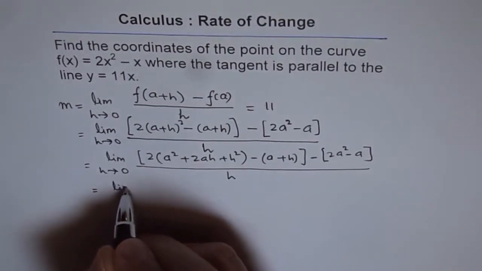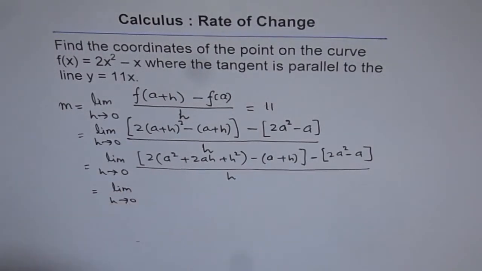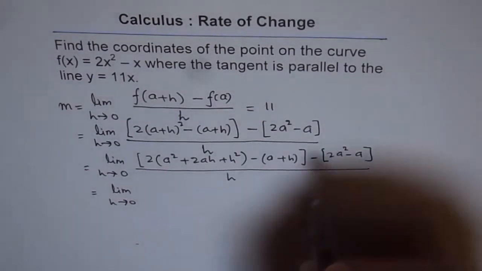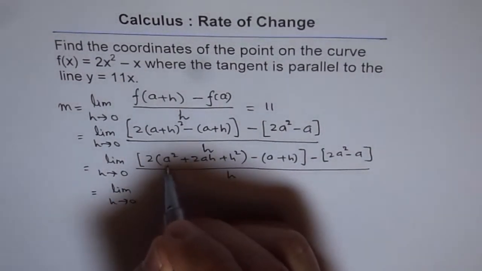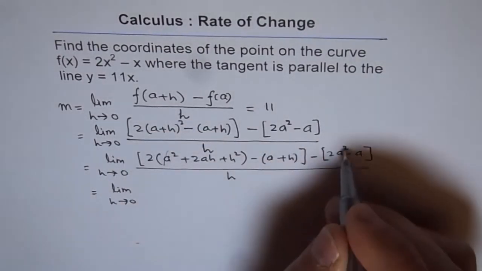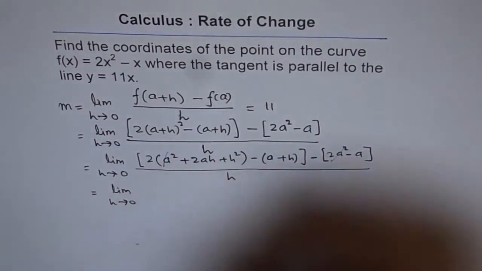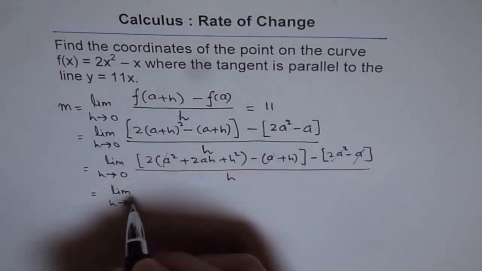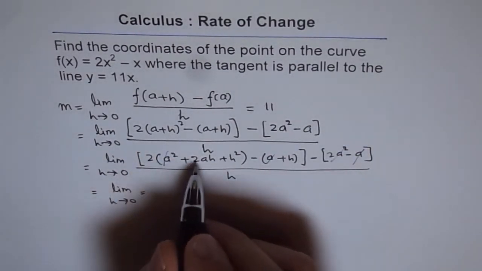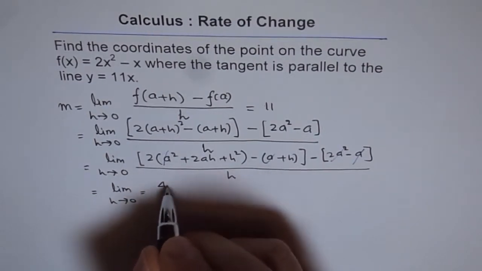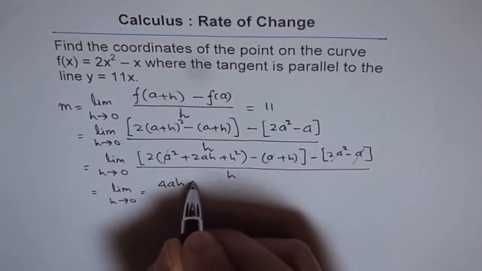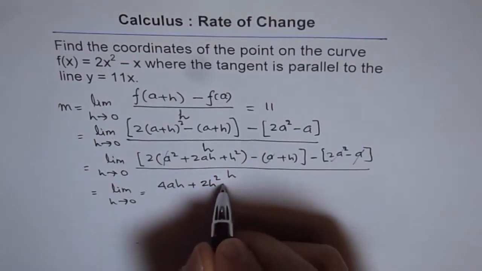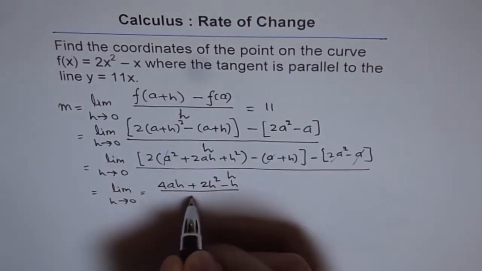Now if you simplify this part, you'll get what? We'll cancel out a few terms. This is minus 2a squared, so it gets cancelled with this part, and minus a gets cancelled, right? So we are left with 2 times 2 is 4, so we get 4ah plus 2h squared minus h, over h.